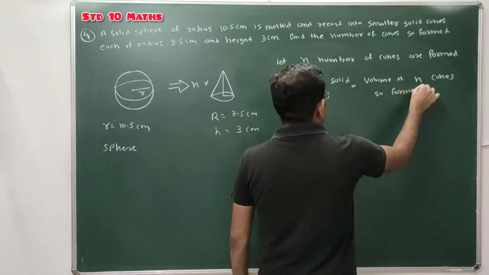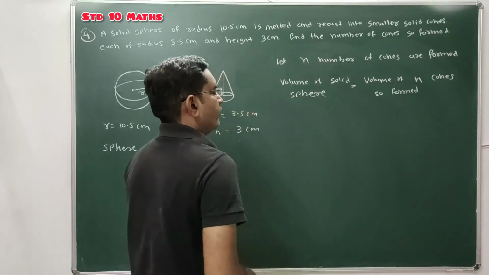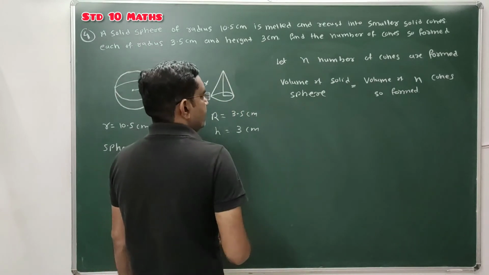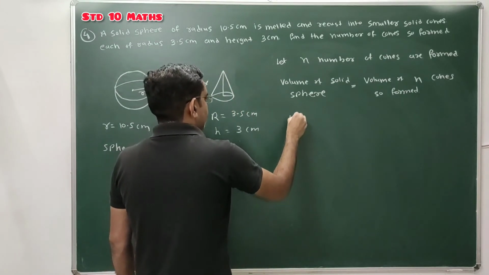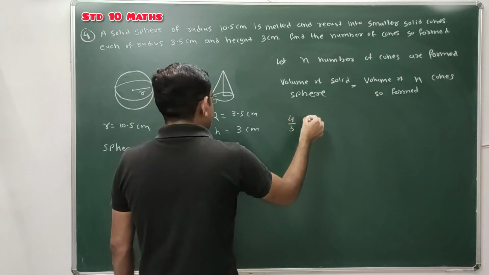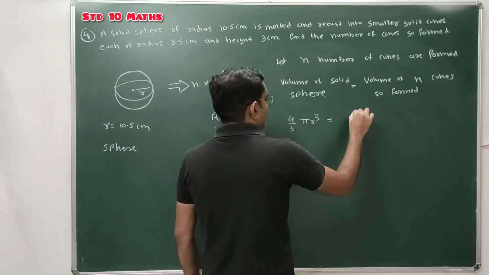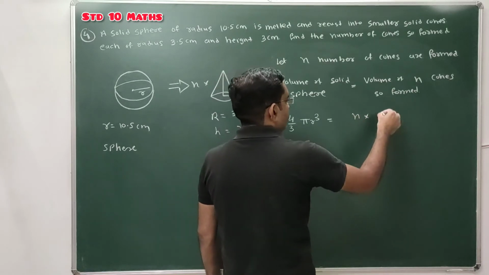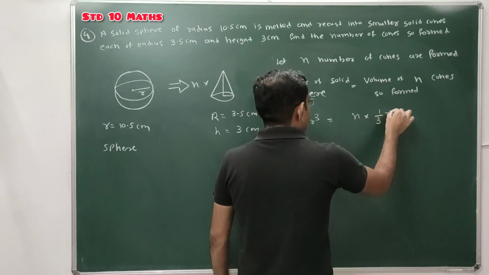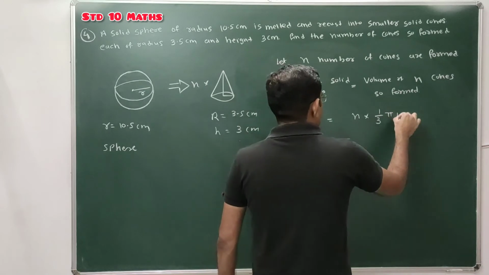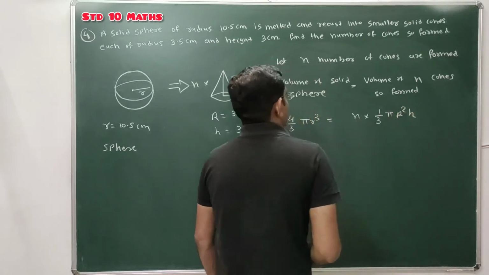Whatever cones are formed, the volume of all those cones. So the volume of this solid sphere, it's 4 by 3 pi r cube, equal to n into volume of cone. It's 1 by 3 pi capital R square h.